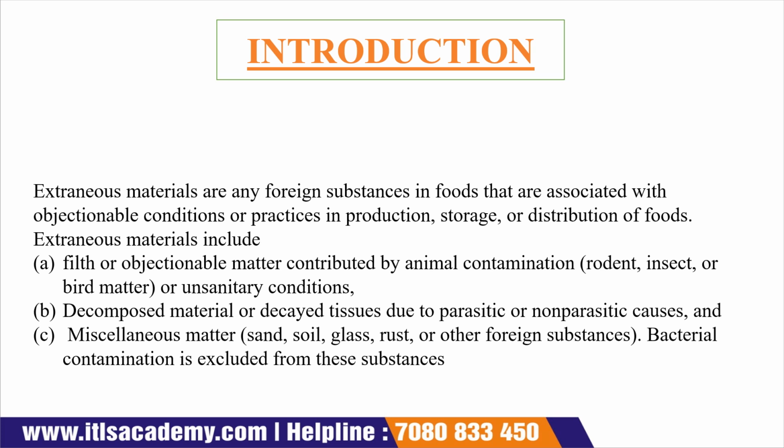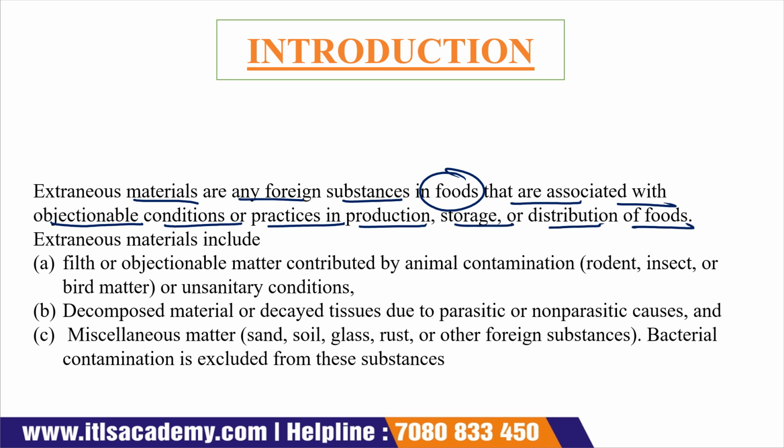So what should we do? We do not consider bacterial contamination as extraneous matter, okay. Now see what is written on the slide. Extraneous materials are any foreign substances in foods that are associated with objectionable conditions or practices in production, storage, or distribution of foods.